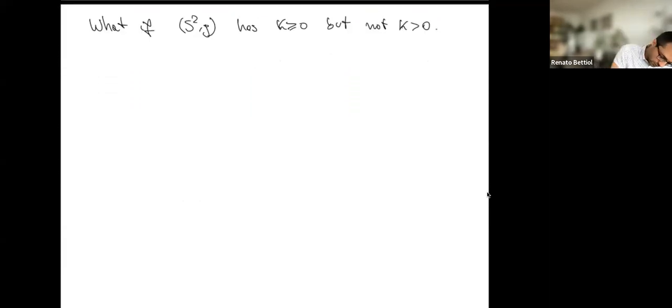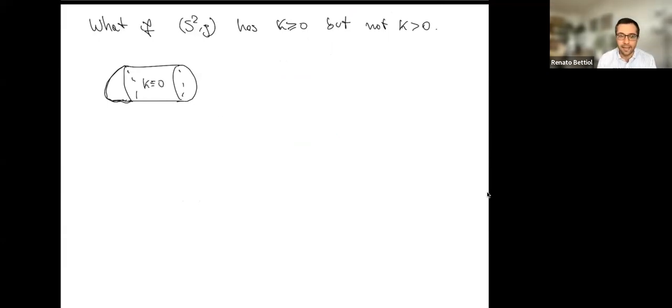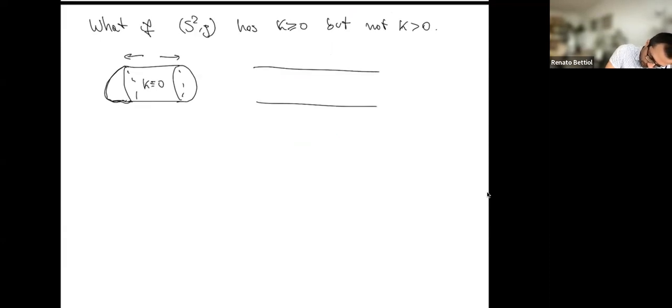You can do the following. You can just take a little cylinder and cap it off, with no negative curvature. So if this region here has zero Gauss curvature, then you can just make it larger. You can make the cylinder piece larger. You just change the element of area.